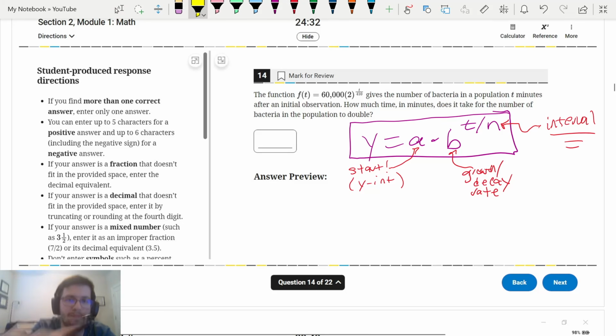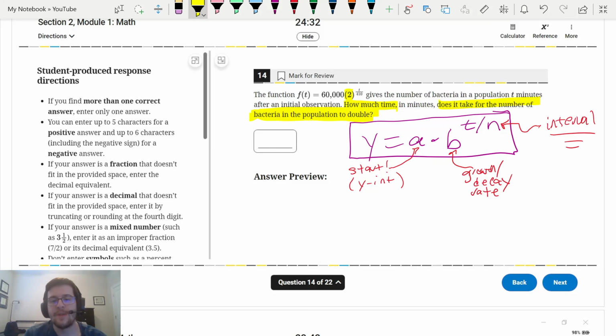For this one, it says, how much time does it take for the number of bacteria in the population to double? You see how it's doubling because it's multiplied by 2, because b is 2. That means the y values are getting multiplied by 2. Again, t and n always have the same units. Because t is in minutes, n is going to be in minutes. It says, how long does it take for it to double?